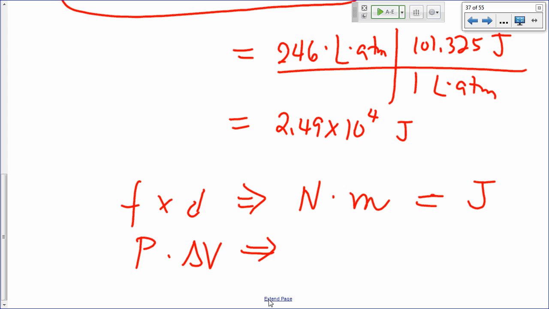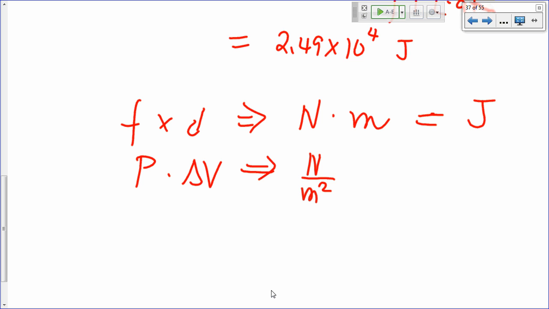What's the unit for pressure? What's the definition of pressure? Pressure is force per unit area, right? You divide the total force by the area on which it exerts, that's pressure. So the unit for pressure is newtons per square meter. Okay, what's the unit for volume?